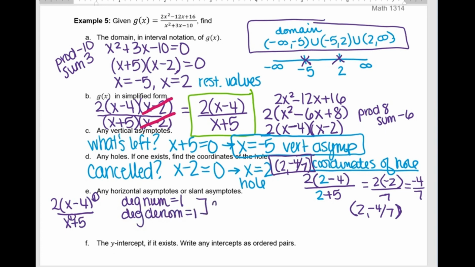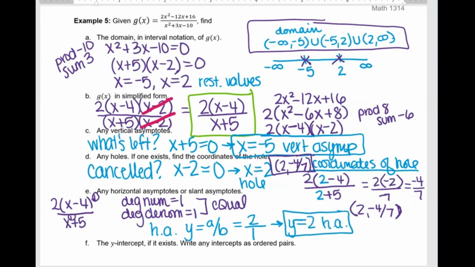And these guys are equal. Remember, when the degree of the numerator and degree of the denominator are equal, we're going to have a horizontal asymptote of a over b, which is our leading coefficients. Leading coefficient of the numerator is 2. Leading coefficient of the denominator is 1. So we have y equal to 2, since we simplify, as our horizontal asymptote.